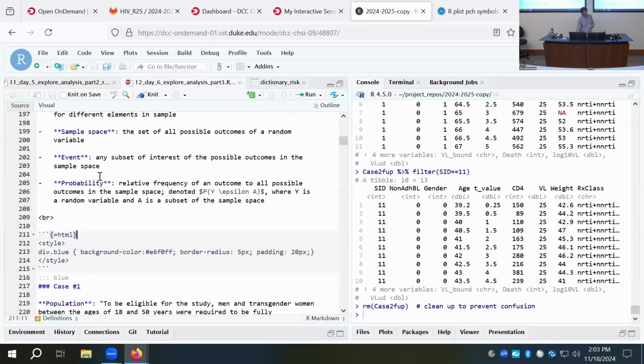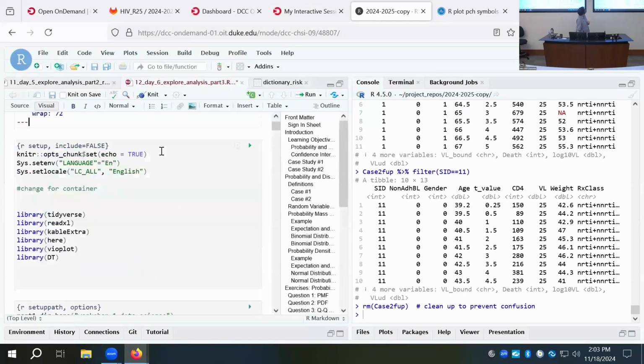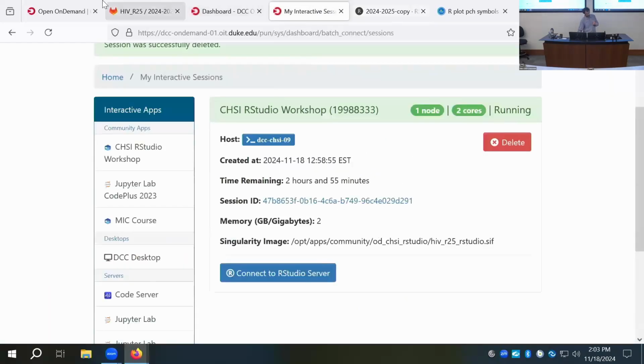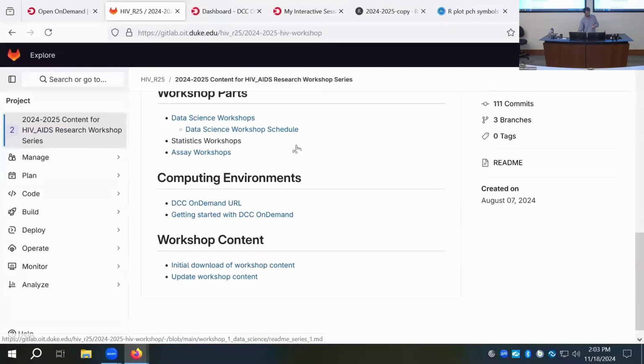Okay. I'm going to switch to visual mode because if I recall correctly, there are some nice visuals in this. Actually, I'm going to switch to the HTML document real quick, and we'll switch back and forth between running code and looking at these more text and math parts.